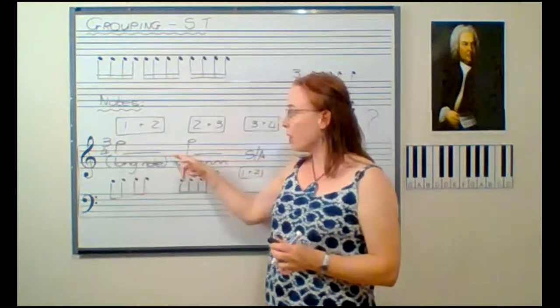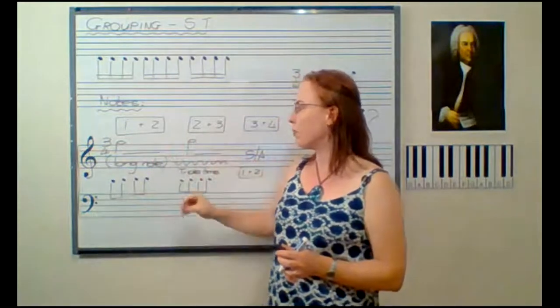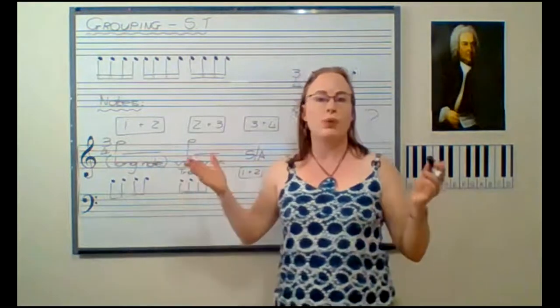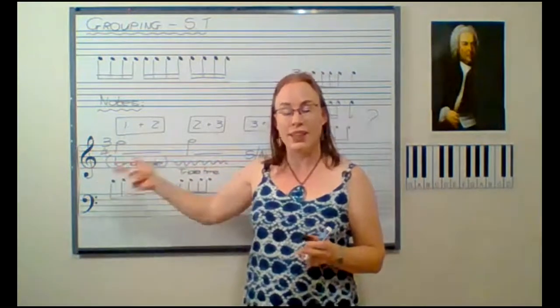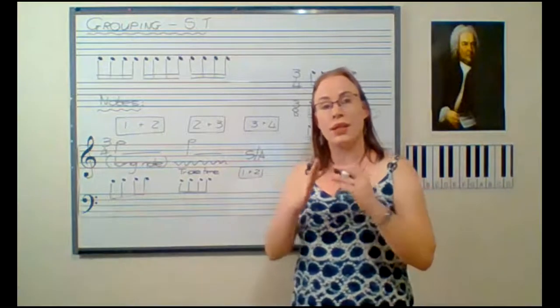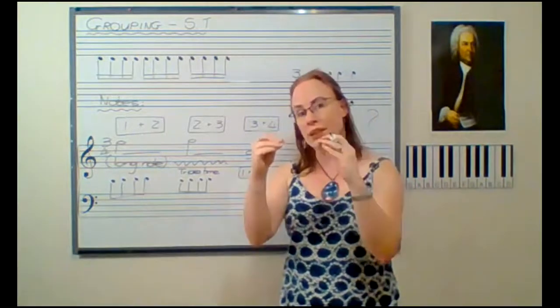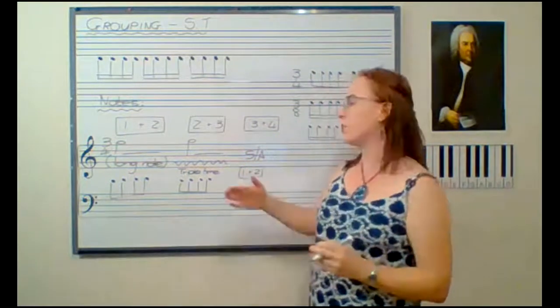So beat 1 and 2 is grouped as one long note, a minim. You can also say it's a long note, because if you look at 3 over 8, it's going to be a crotchet. So can you see that I use the exact same principle and apply it to different time signatures.